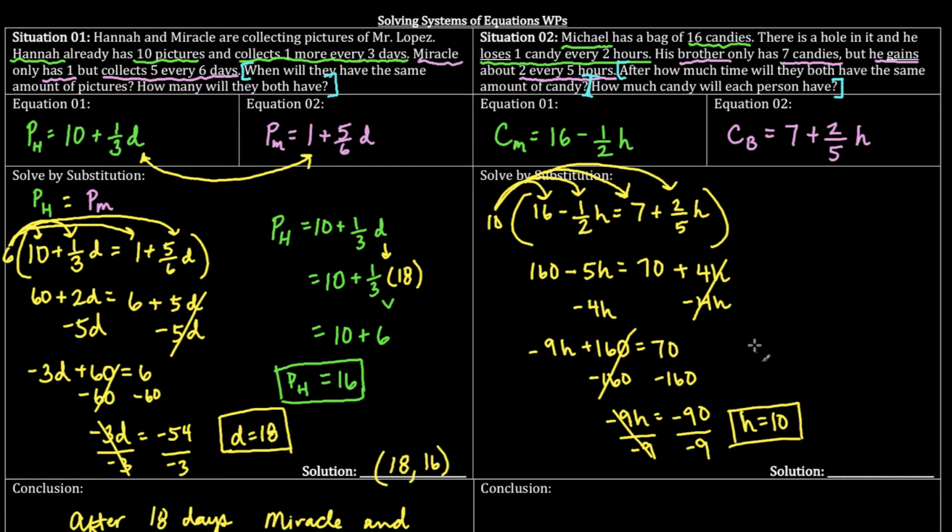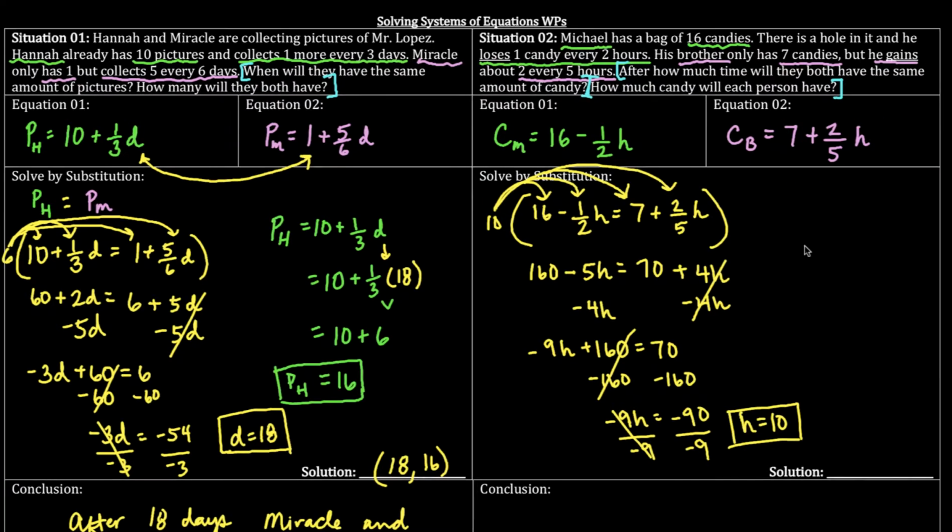Cool, so this gives me the number of hours that makes both of these candies for each person equal. So I still have to plug this in somewhere. So candy for brother equals 7 plus 2 over 5h. And for h, I will substitute in 10, for the number of hours.